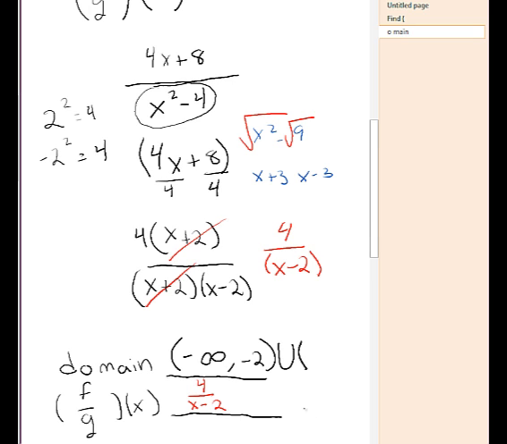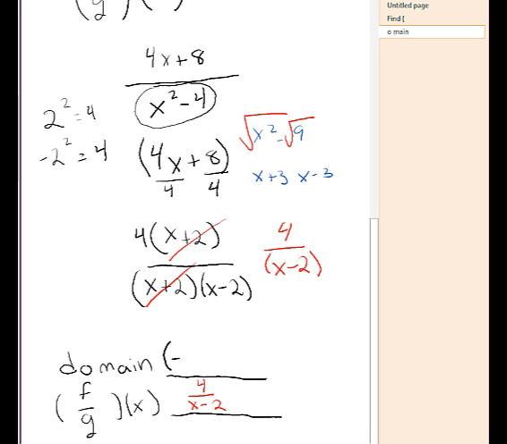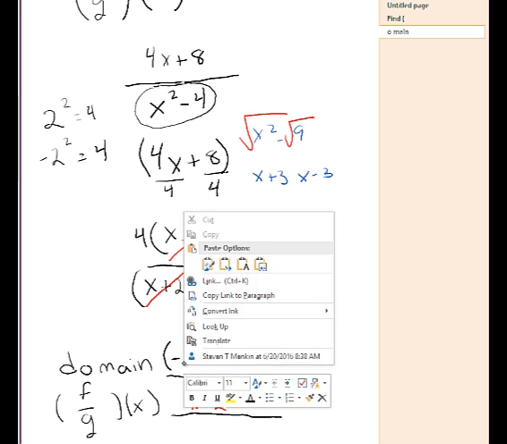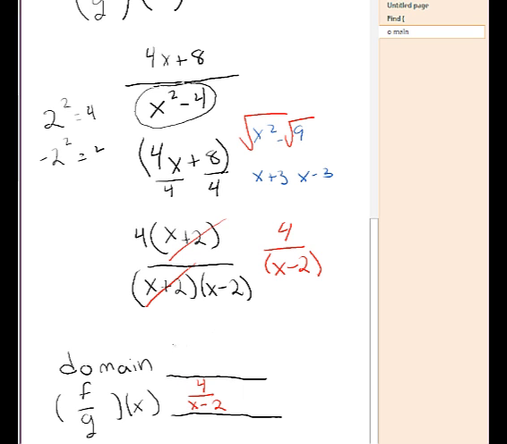And our domain is going to become negative infinity, comma, negative 2. It's because I can plug in any number before negative 2, and I can plug in anything but negative 2 all the way up to negative 2. So this parentheses means not including.